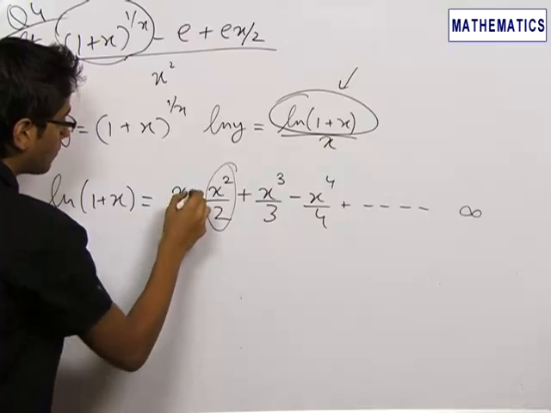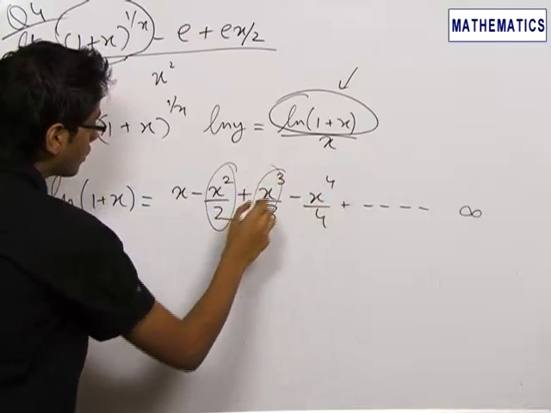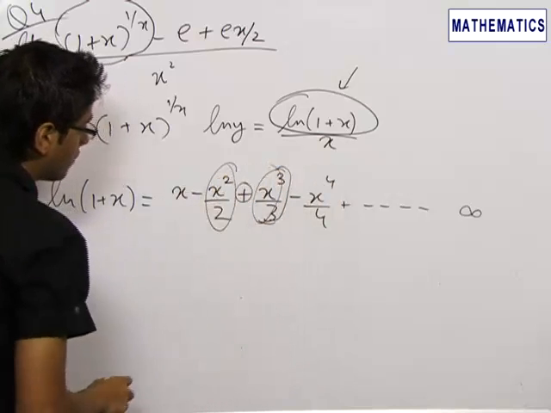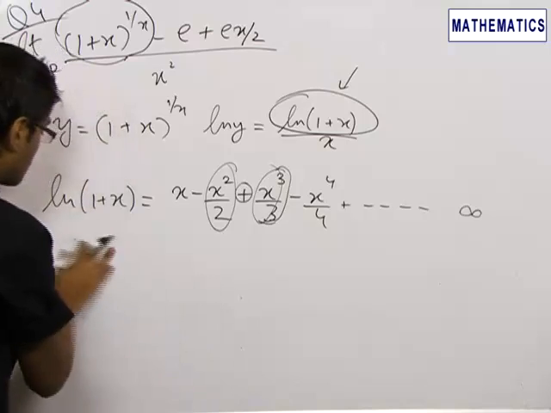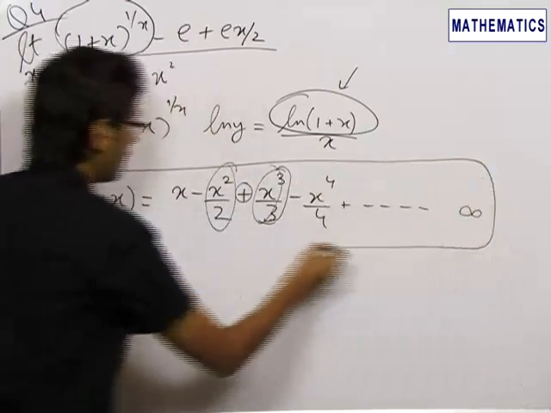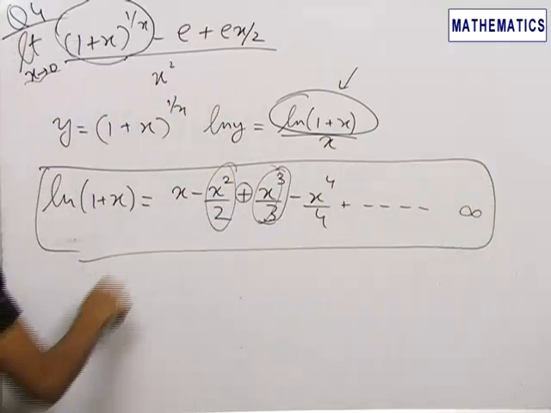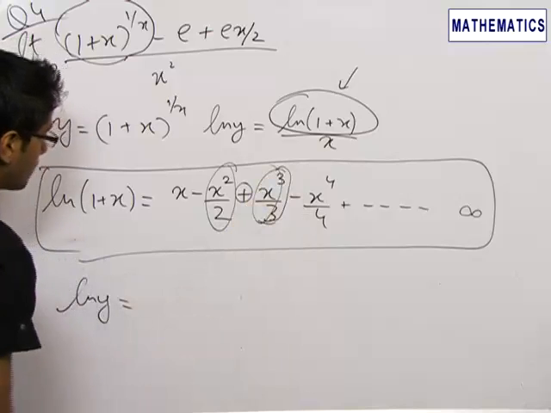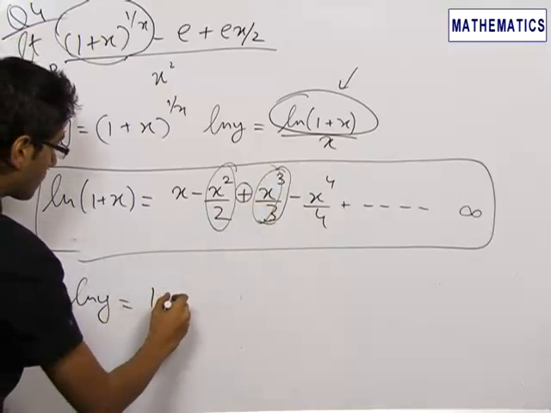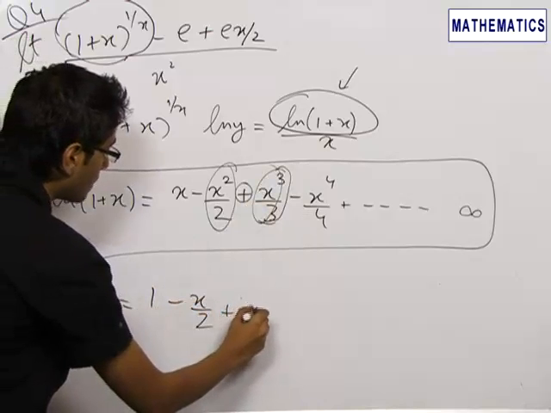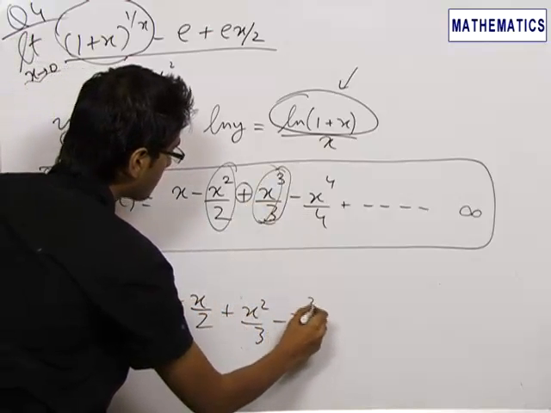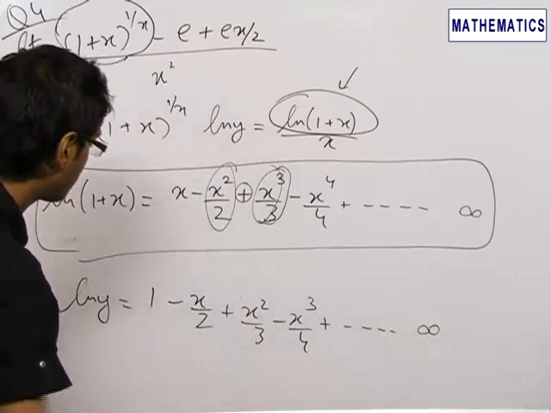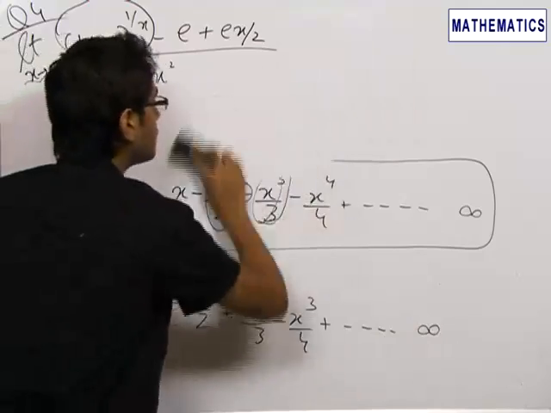All the even terms have a negative sign, and all the odd terms have a positive sign. So this is the expansion of ln(1 + x). We put this expansion over here, and on dividing by x we get ln y equals 1 − x/2 + x²/3 − x³/4 up till infinity. This is the value of ln y.